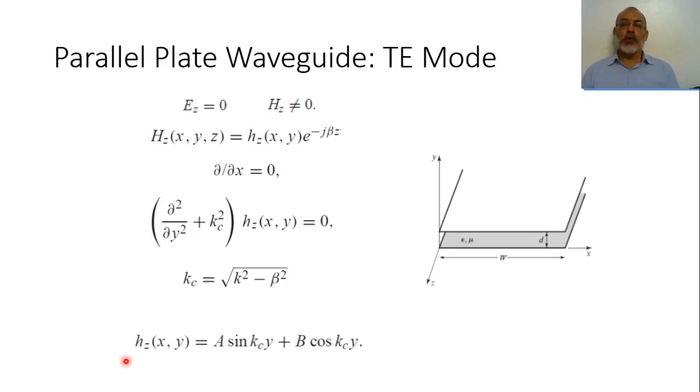So to obtain the field component which can be used for applying the boundary condition, we should determine the electric field components. These are in the transverse plane because we have Ez equals 0, so it is required to determine Ex and Ey.